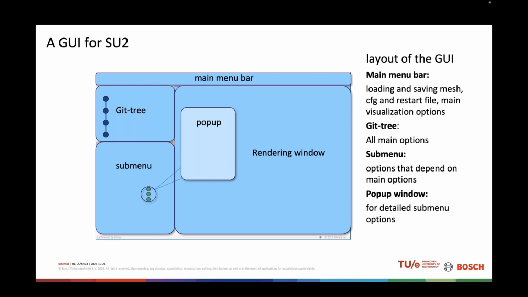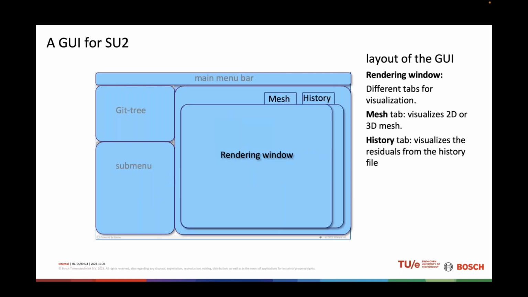There's a submenu for, let's say, the detailed information, and there's a main window, which is the rendering window showing the mesh, and it's also the location where any pop-up menus for even more detailed setup appear.